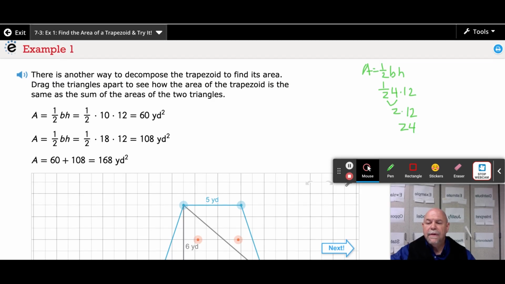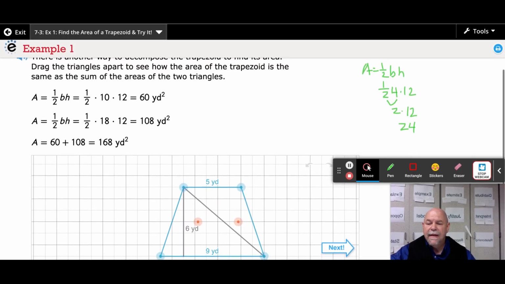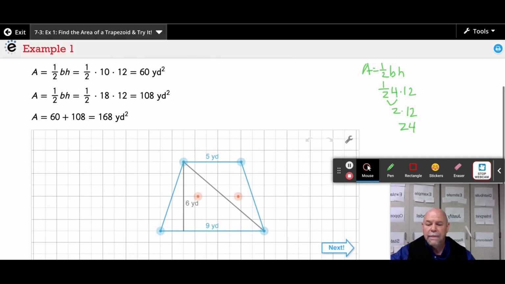Drag the triangles apart to see how the area of the trapezoid is the same as the sum of the area of the two triangles.